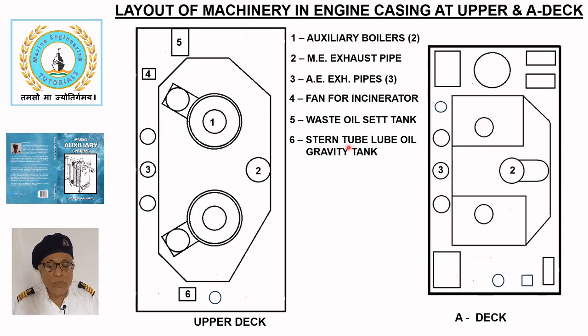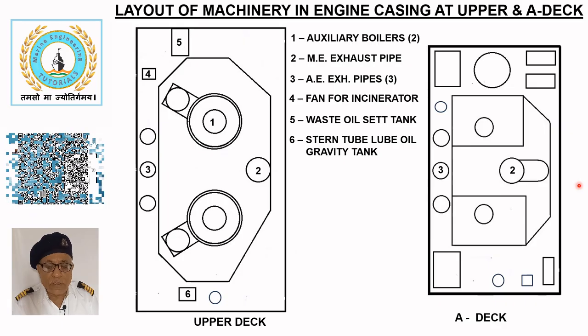The stern tube lubricating oil gravity tank (6) maintains static oil pressure in the stern tube to counteract the external seawater pressure. Typically, two gravity tanks are used on tankers and bulk carriers, one for loaded draft and one for ballast draft.